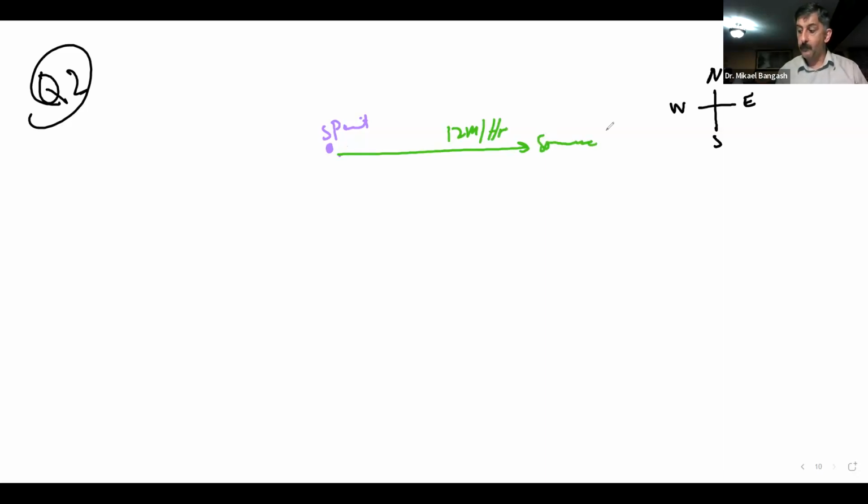That was your source. And the receiver is moving toward west at 10 miles per hour. Now what they mean is, in this case, is your Doppler shift positive or is your Doppler shift negative?